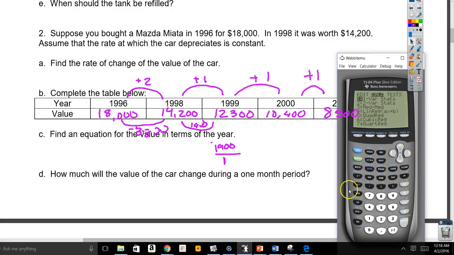So stat, calc, 4, L1, comma, L2, comma, vars, y vars, 1, 1. So I can see r is -1, so it's a perfect correlation. So find the equation.